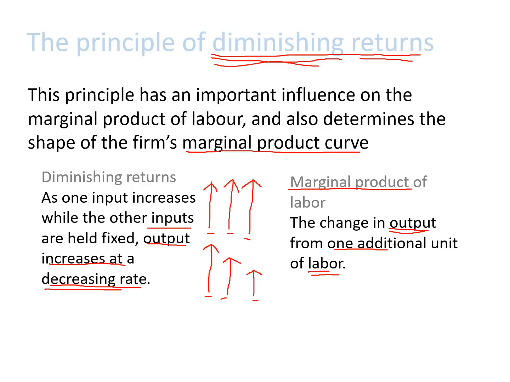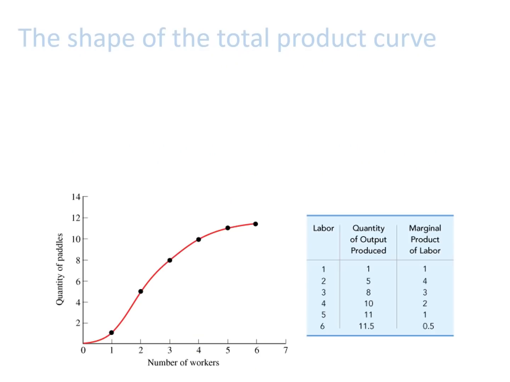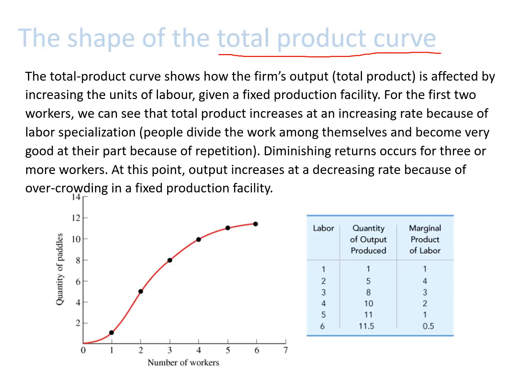Now keeping this principle in mind, what do you think a firm's total product curve would look like? The graph below shows us the shape of the total product curve when this principle of diminishing returns is in play.